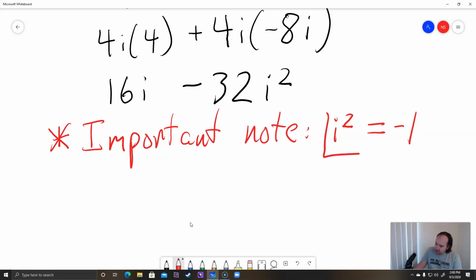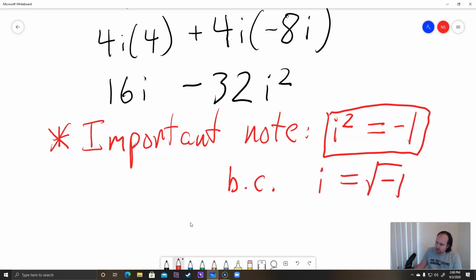Well, i squared equals negative 1 because we said that i equals the square root of negative 1. So why does it make sense that i squared equals negative 1? Well, if you look at the original equation that we wrote before, if i equals the square root of negative 1, well, if I square both sides of this equation, I get i squared equals negative 1. Because on the right side, the square root and the square would cancel, and then you're just left with negative 1.